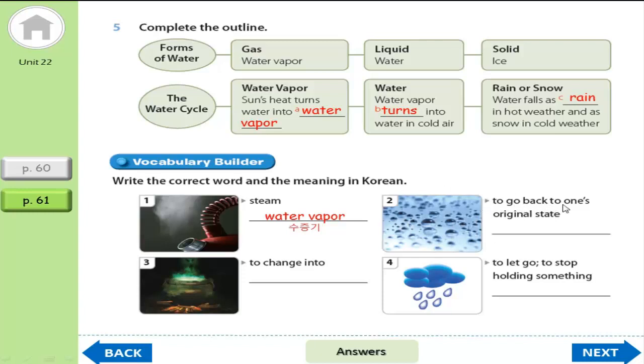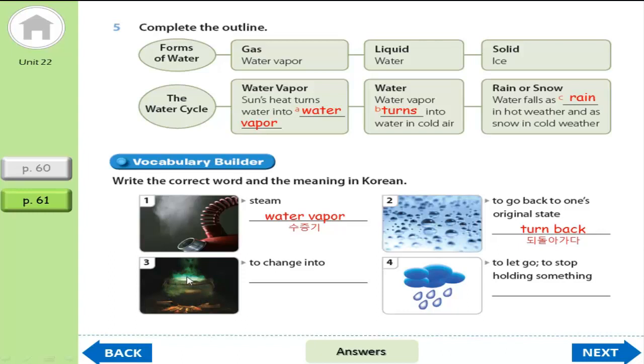To go back to one's original state. So what word should we write in here? Okay, turn back. Yeah, turn back. So to go back to one's original state means turn back. Okay, now picture 3. Yeah, we can see the water is boiling.